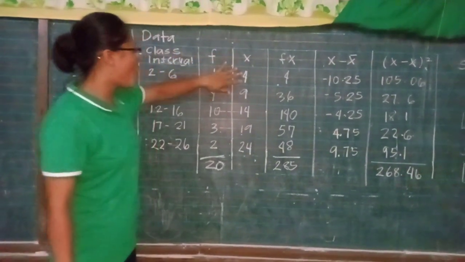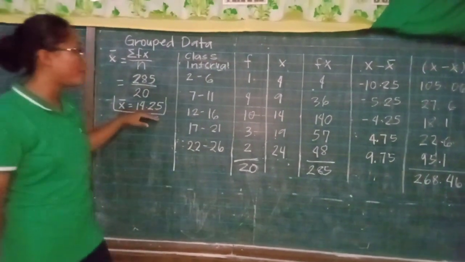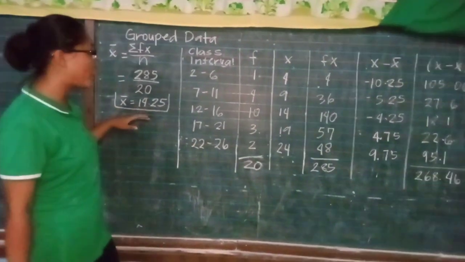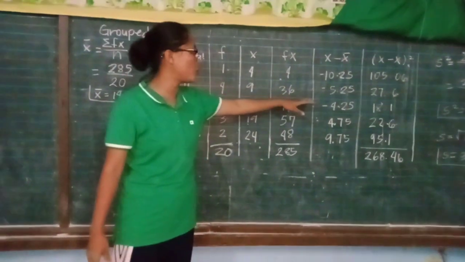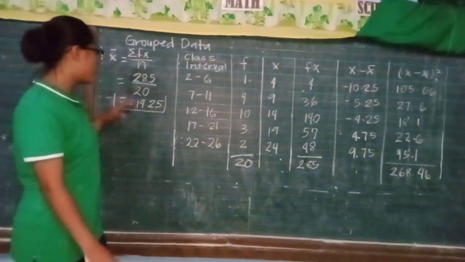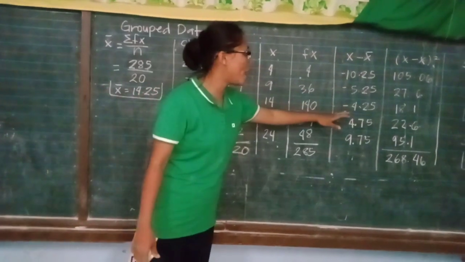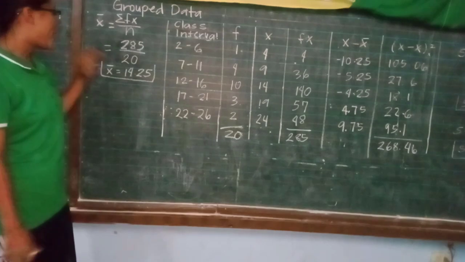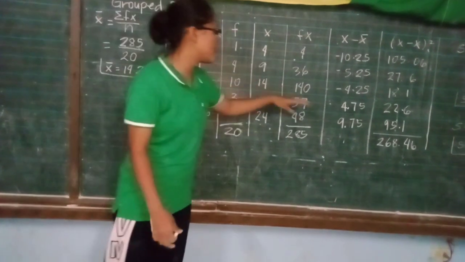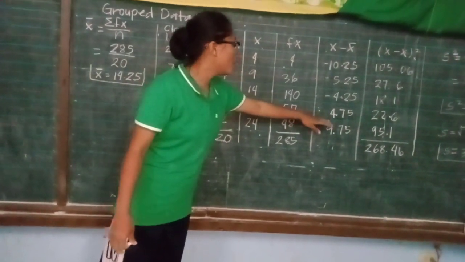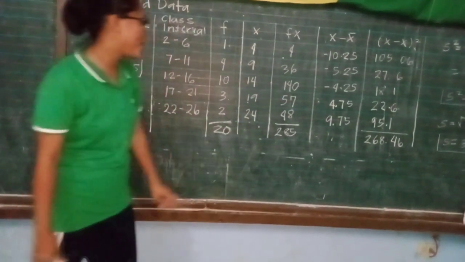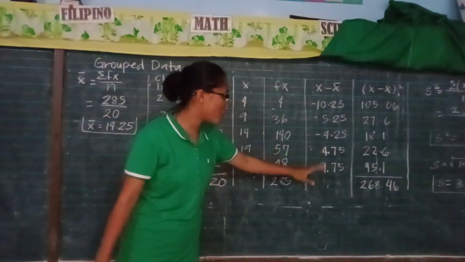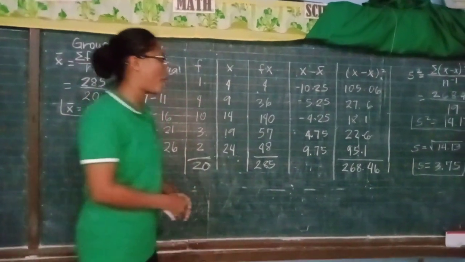It will be 4 minus 14.25 is negative 10.25. 9 minus 14.25 is negative 5.25. 14 minus 14.25 is equal to negative 4.25. 19 minus 14.25 is equal to positive 4.75, and 24 minus 14.25 is equal to positive 9.75.